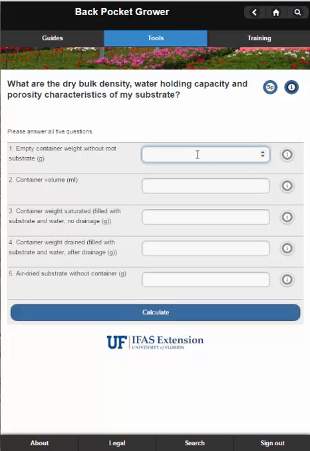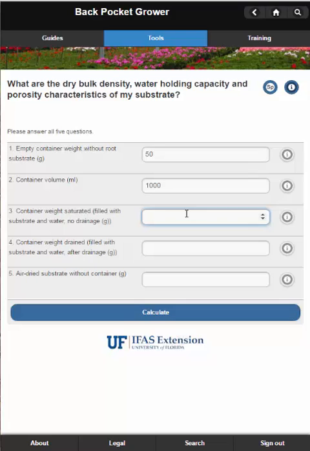So the empty container weight, for example, might be 50 grams for the container with a plastic bag. We might have measured the volume and found that it was 1,000 milliliters.